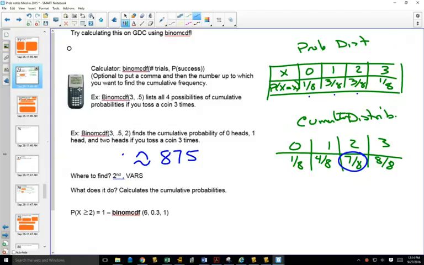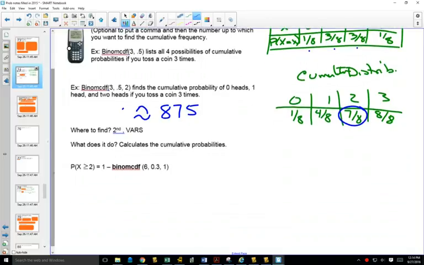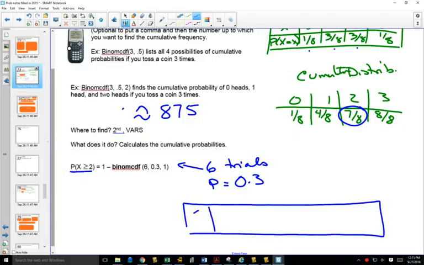So if you were, for example, this example here at the bottom says you have 6 trials, the probability of success is 0.3. And if you want to figure out what is the probability that something is greater than or equal to 2. Now, if you made your distribution chart for 6 trials, and you could have a success or failure, it's going to go 0, 1, 2, 3, 4, 5, 6.